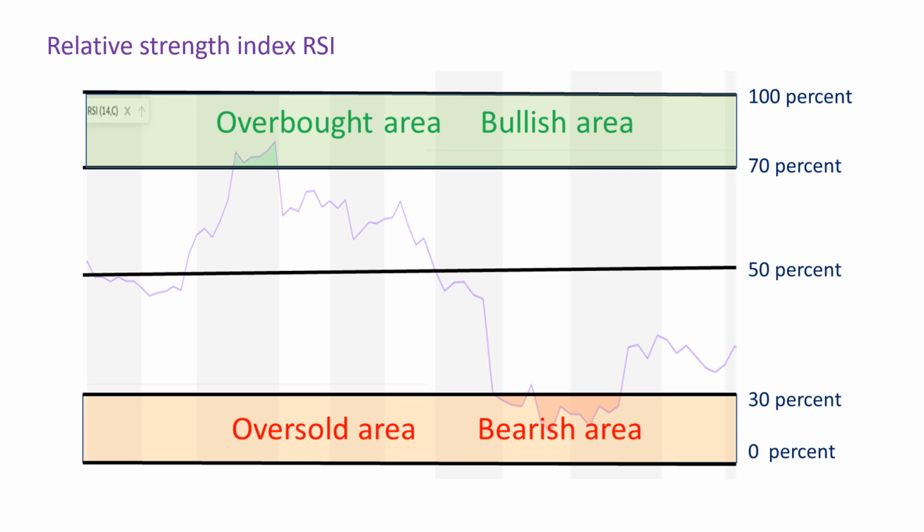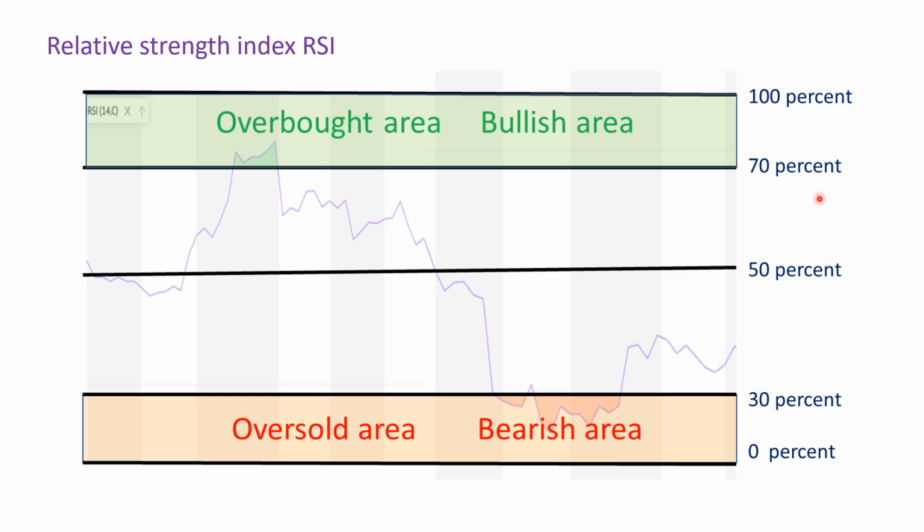RSI, as I mentioned, is defined in percentage between 0 and 100. When price is 100, it means all the market power is in the hand of buyers only. When price is 0, it means all the power is in the hand of sellers only. RSI has 2 boundaries, namely 30% and 70%, but you can change it yourself anytime.